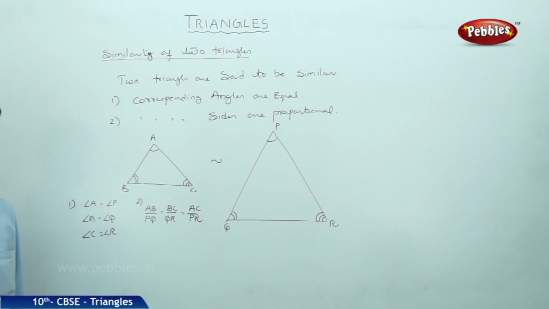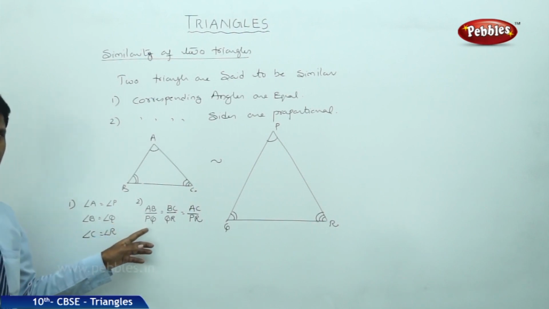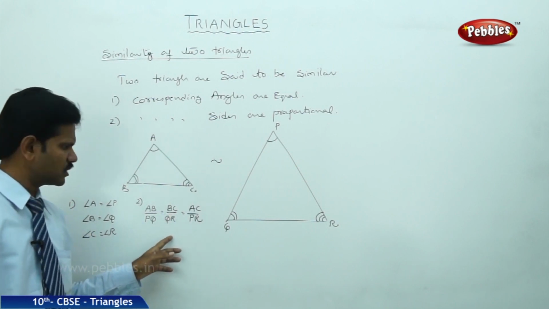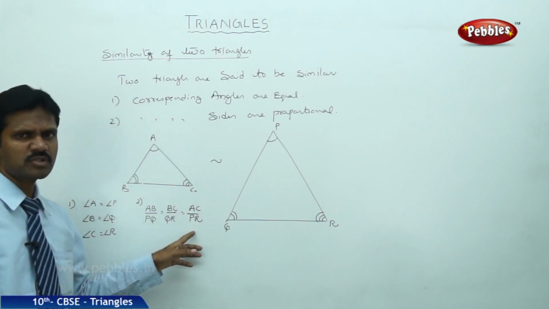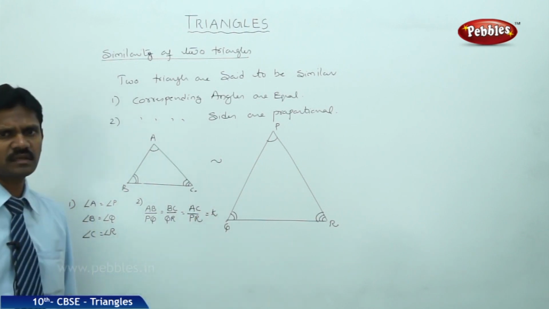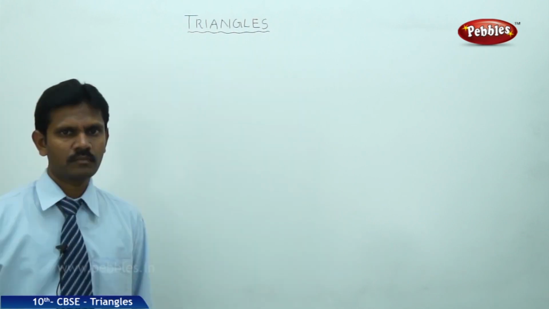That is, the ratio of AB by PQ, the ratio of BC by QR and the ratio of AC by PR must be some equal constant, which is called proportional.